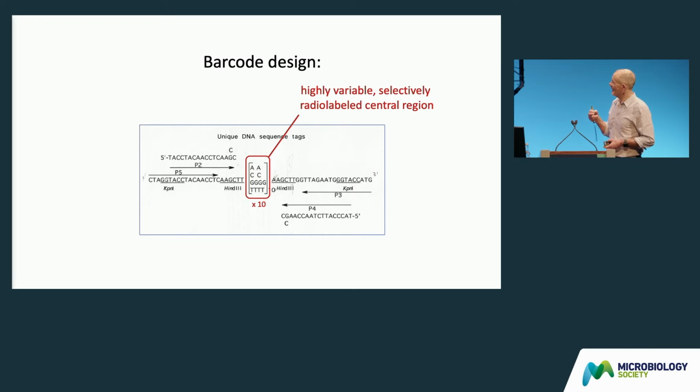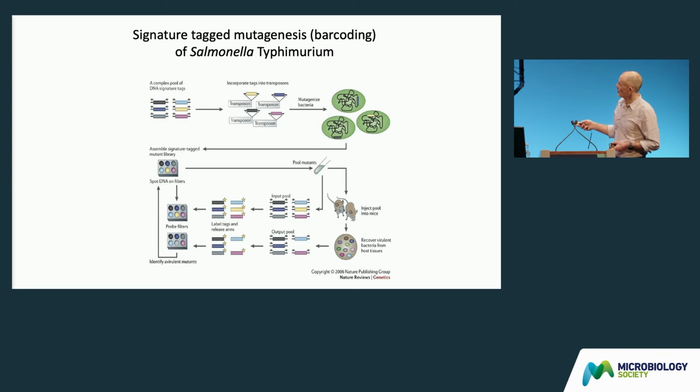So to explain this a little bit further, this is the outline of the procedure that we came up with. So here you have these signature tags that I've just described, with the central region being prone to selective labeling, flanked by invariant sequences.